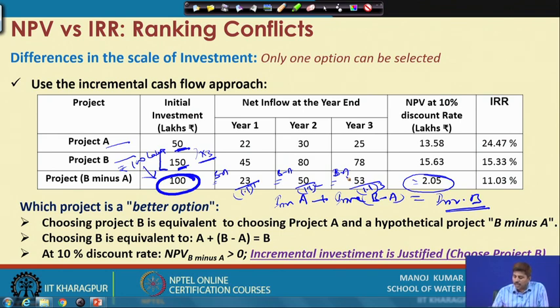The IRR for this additional investment is 11.03%, whereas the NPV is 2%.